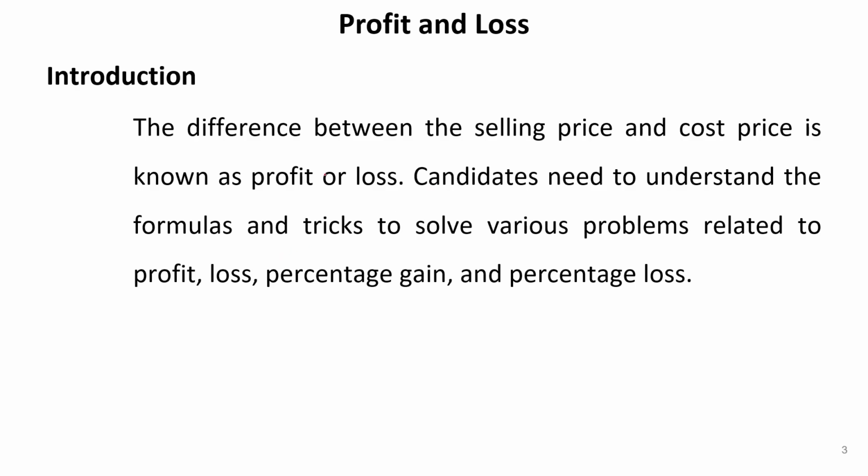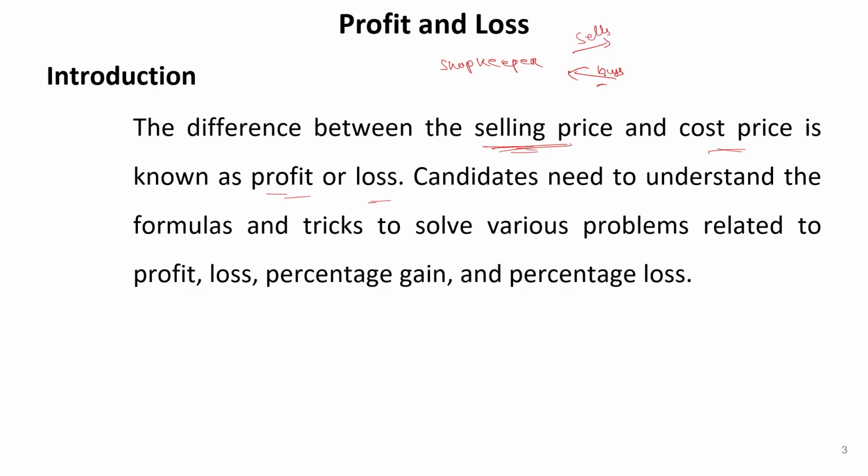So the difference between the selling price and the cost price is known as profit or loss. The first term here is selling price. What is the selling price? Let's say you are a shopkeeper. He buys stuff, and then he sells stuff.